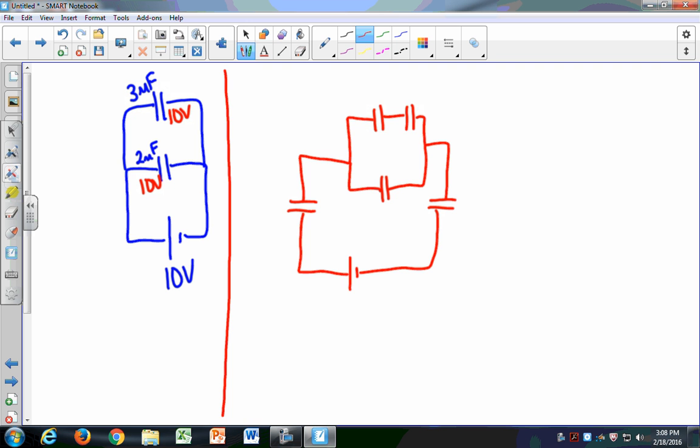So let's say that I have a 3 microfarad, a 2 microfarad over here, a 4 microfarad, 4 microfarad, and a 2 microfarad.